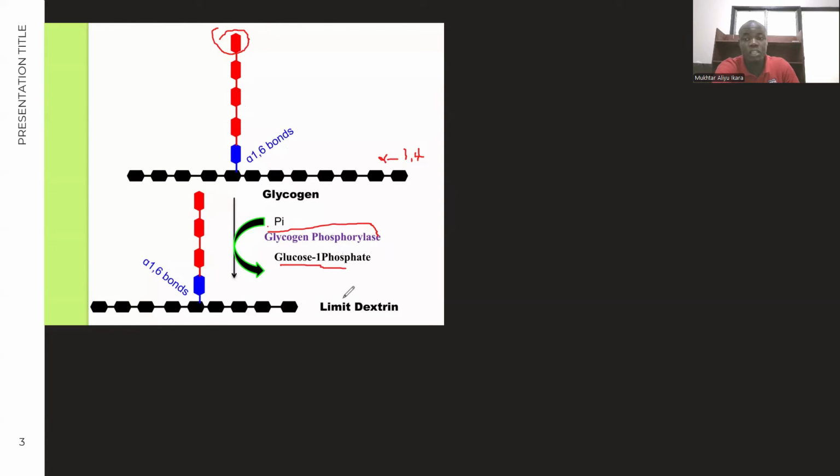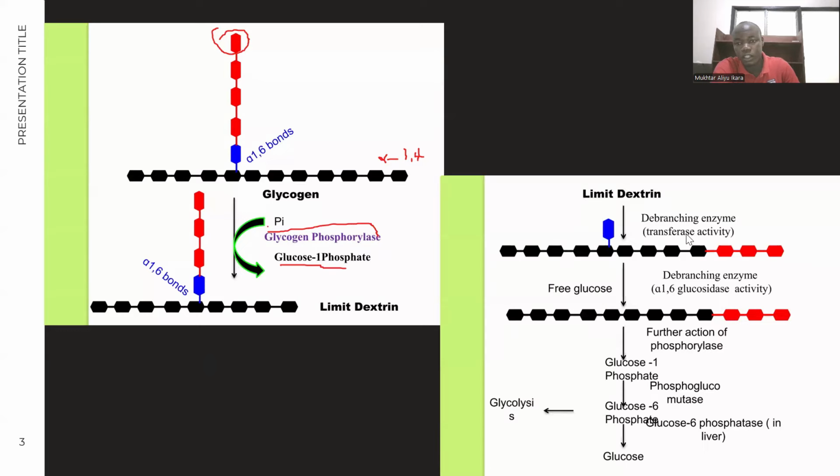It means that it is now reduced by one molecule of glucose. After this action, the next step is to remove these 3 molecules of glucose that are here using debranching enzymes.